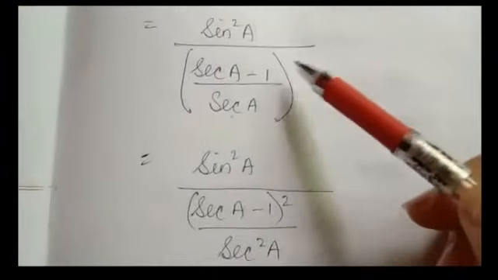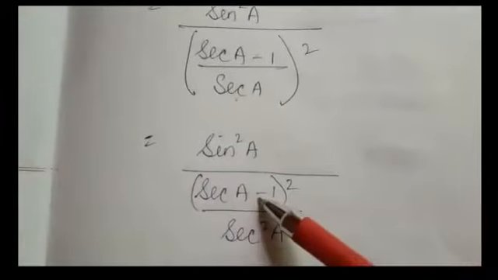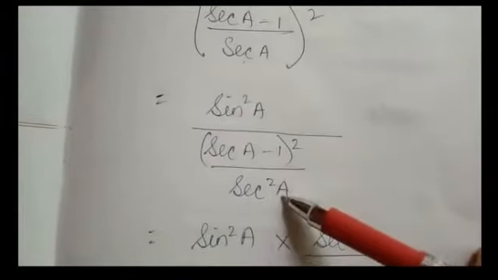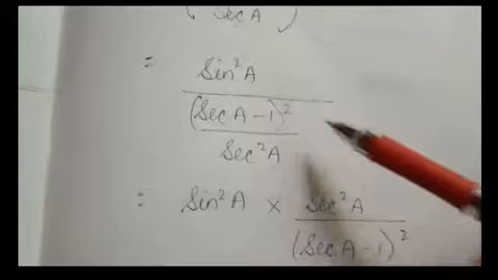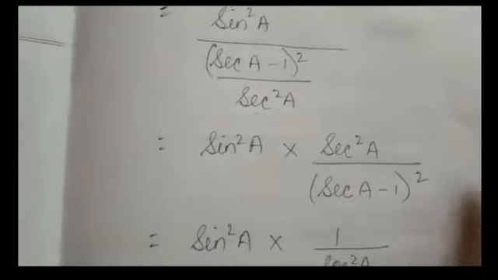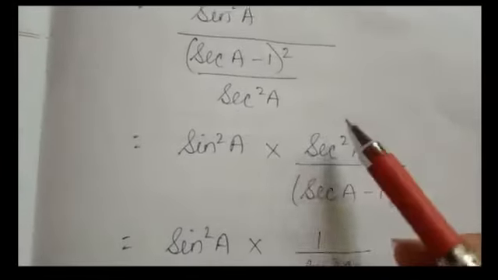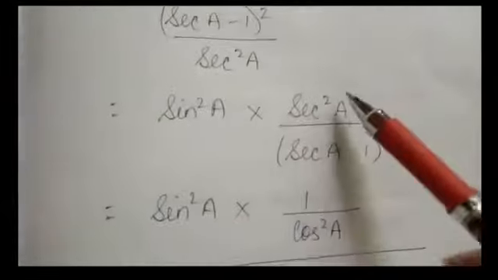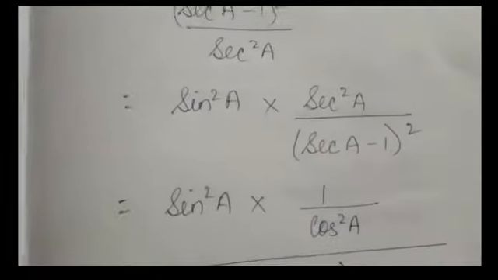Now you give this square individually: (sec A minus 1) whole square divided by sec square A. Now this will become reciprocal. After that we got the denominator, but the numerator we have to find. In the numerator we have tan, and here we have sin and sec, and tan is sin divided by cos.